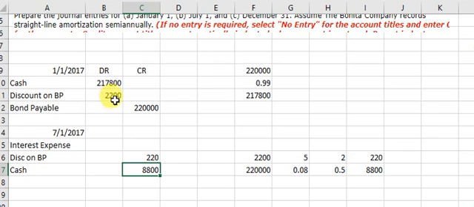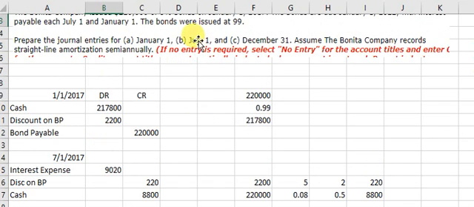So you'll see it starts out at 2,200. We're going to reduce it every period for the next 10 times, 220. And so therefore our interest expense balances the equation, and we have 9,020 as our interest expense. So that's the July 1st transaction.